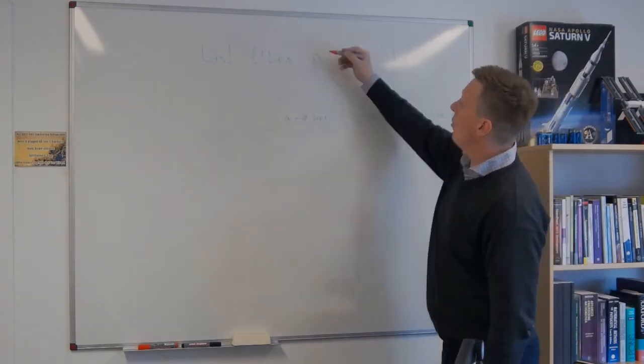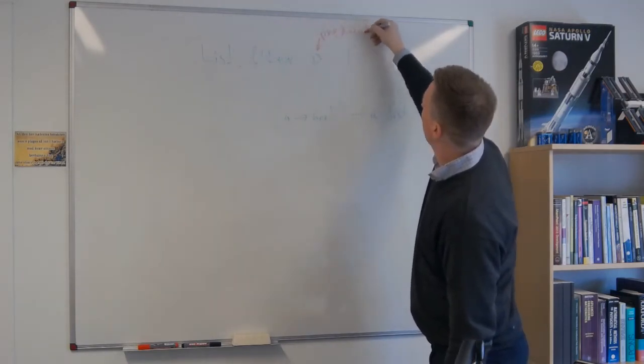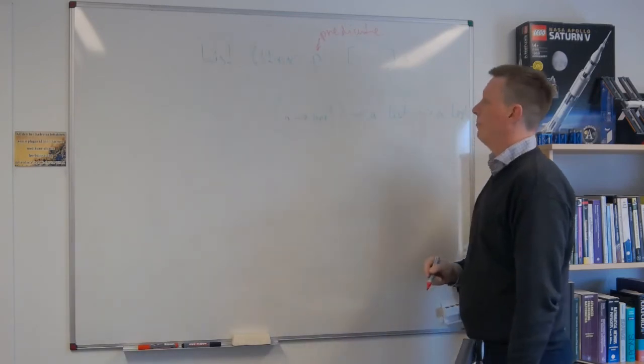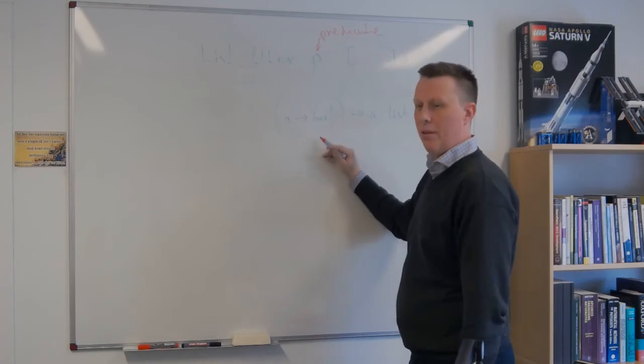So the reason I call this P is that we call it a predicate. It's a function which takes an element of some kind and produces either true or false.